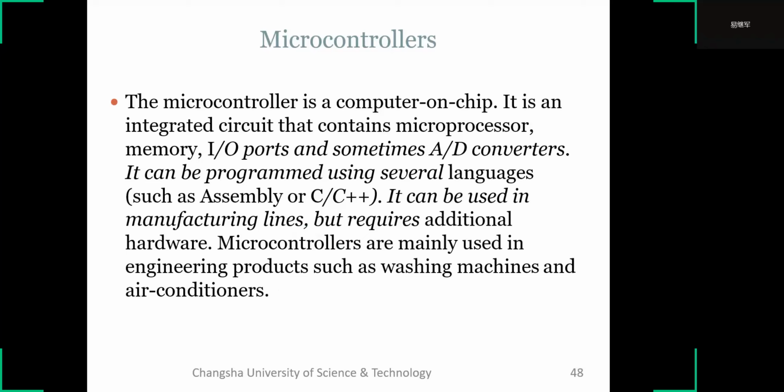It can be programmed using several languages such as assembly, C or C++. It can be used in manufacturing lines, but requires additional hardware. Microcontrollers are mainly used in engineering products such as washing machines and air conditioners.